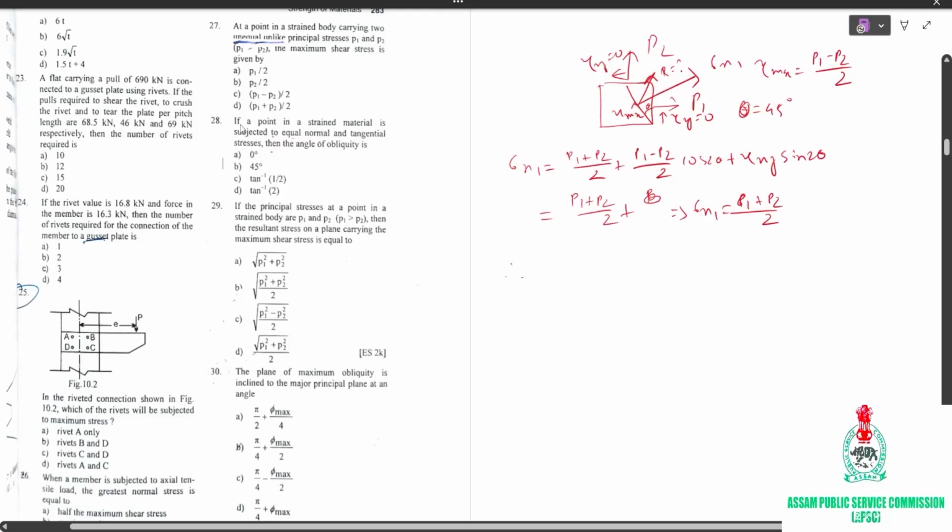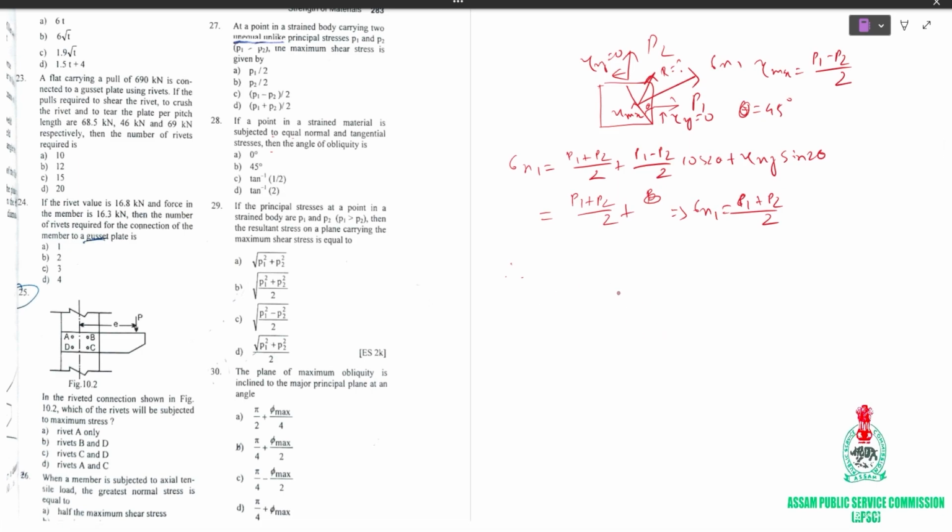Now the next question is, if a point in a strained material is subjected to equal normal and tangential stresses, then the angle of obliquity is. Now what is the angle of obliquity? Suppose this is the plane of tau max, and this is the normal stress, and this is the resultant stress.